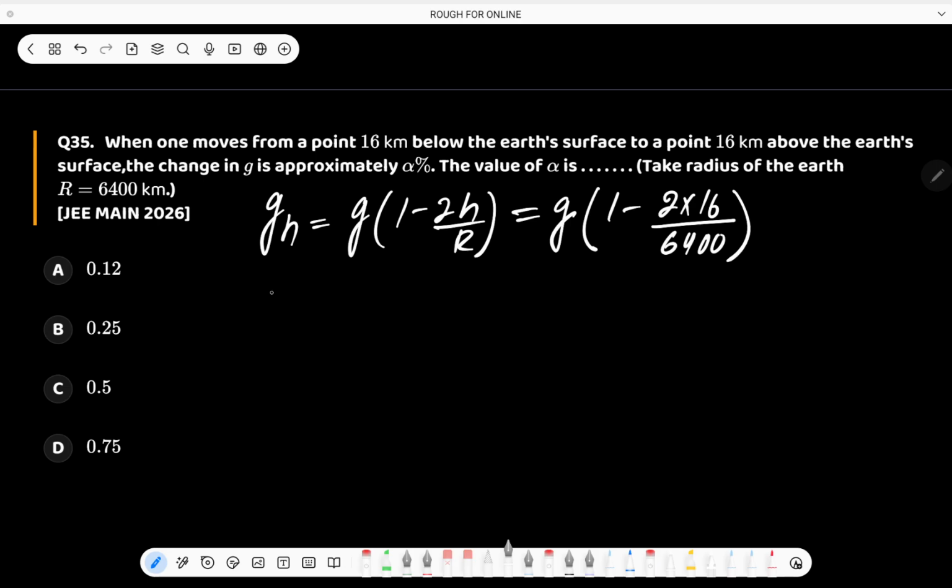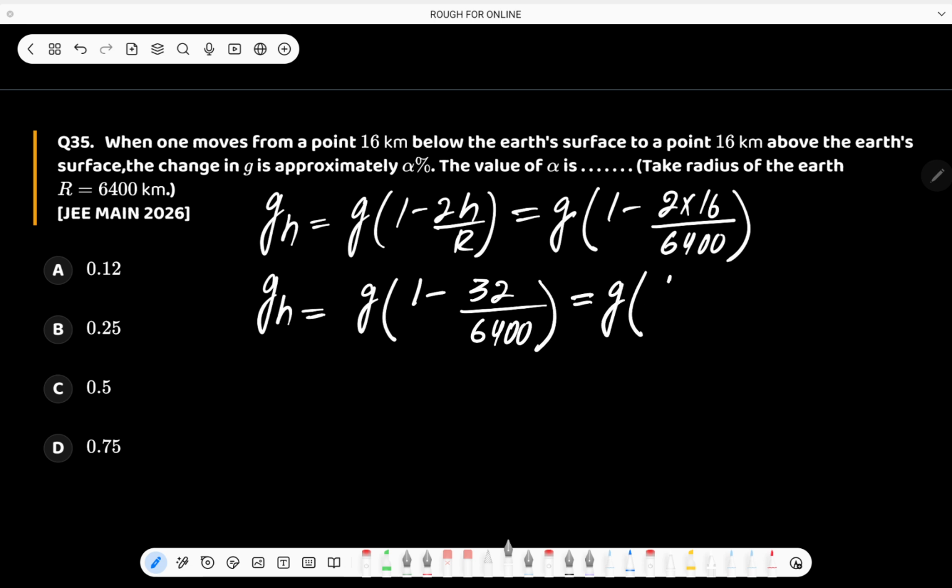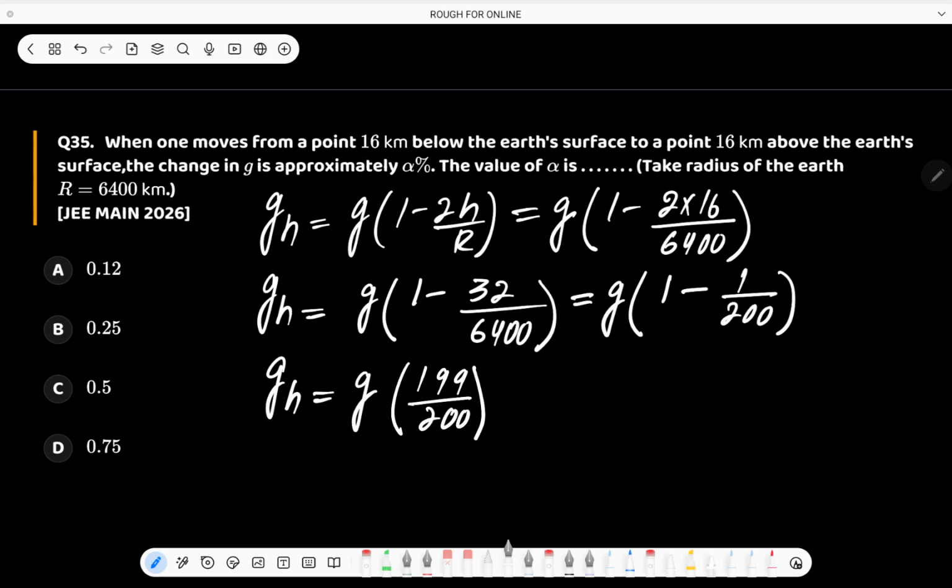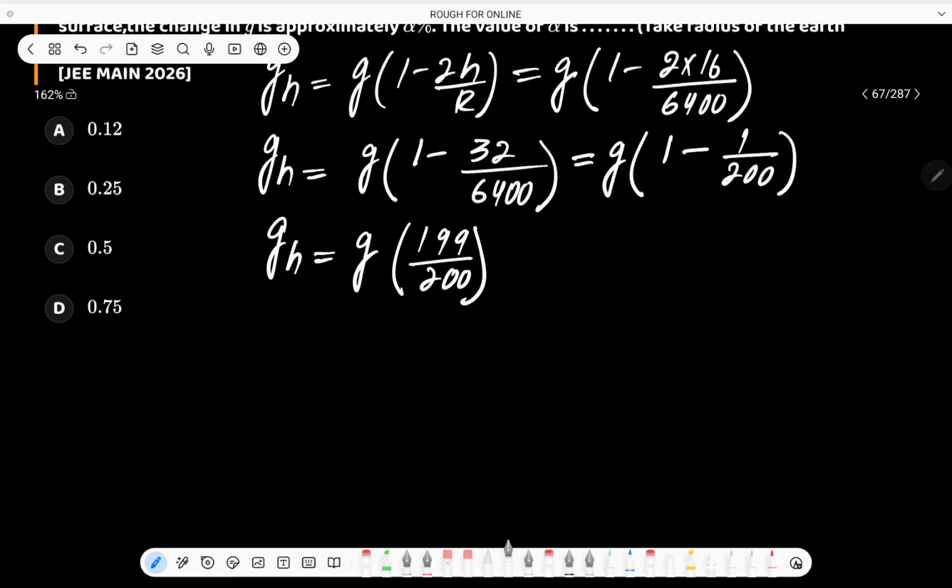All right, let's calculate the value here. gh will be equal to g into (1 minus 32 divided by 6400), isn't it? It will be g multiplied by (1 minus 1/200). So gh will finally be equal to g into 199 divided by 200. This is the acceleration due to gravity at height h.